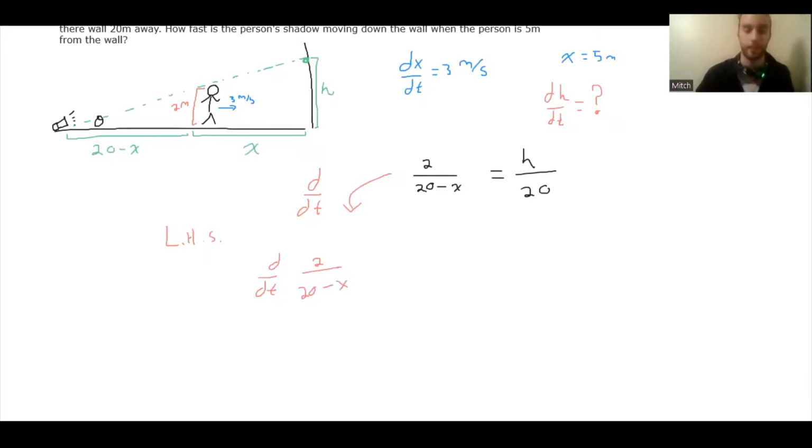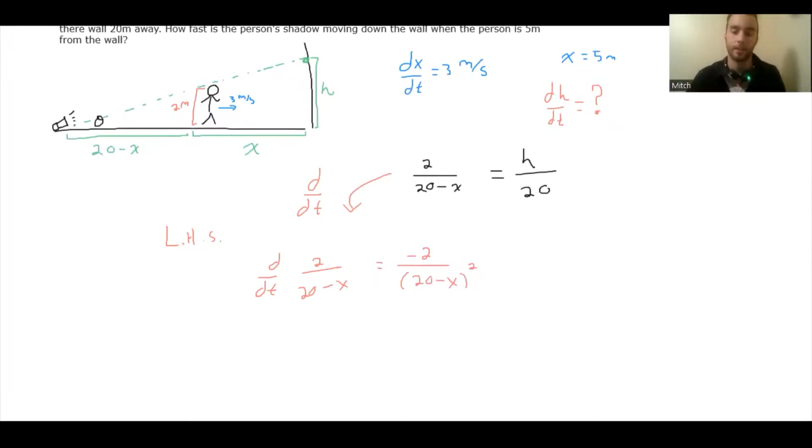So this is going to be a chain rule inside the chain rule. So let's first deal with this. That's some input of x, where x is a function of time, in the denominator. So that's like having it to the -1. So we're bringing that negative down, and we're knocking that down: negative 2 over (20 minus x) squared, and we're multiplying this by the derivative of the inside.